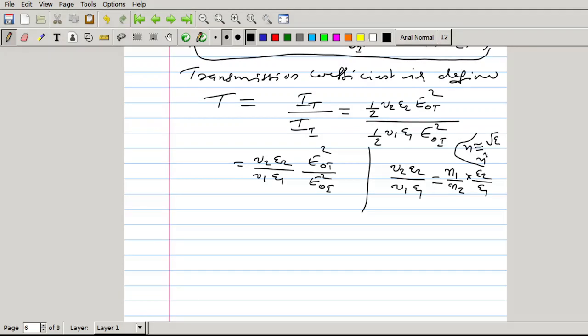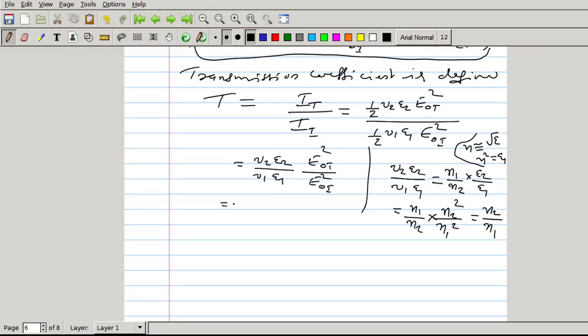So N square is approximately equal to epsilon. So epsilon1 is N1 square and epsilon2 is N2 square. So we can write this as N1 by N2 into N2 square by N1 square. So N2 will get cancelled, N1 will get cancelled, and we will be having N2 by N1.